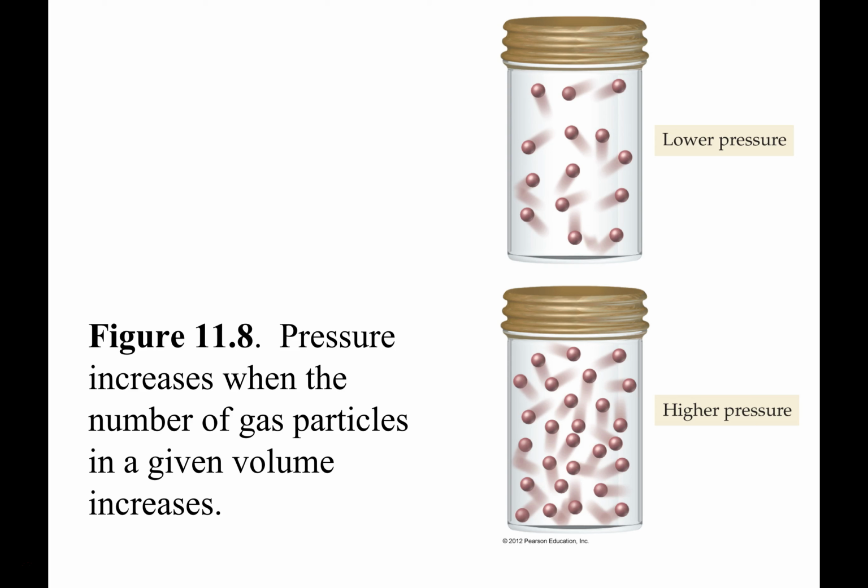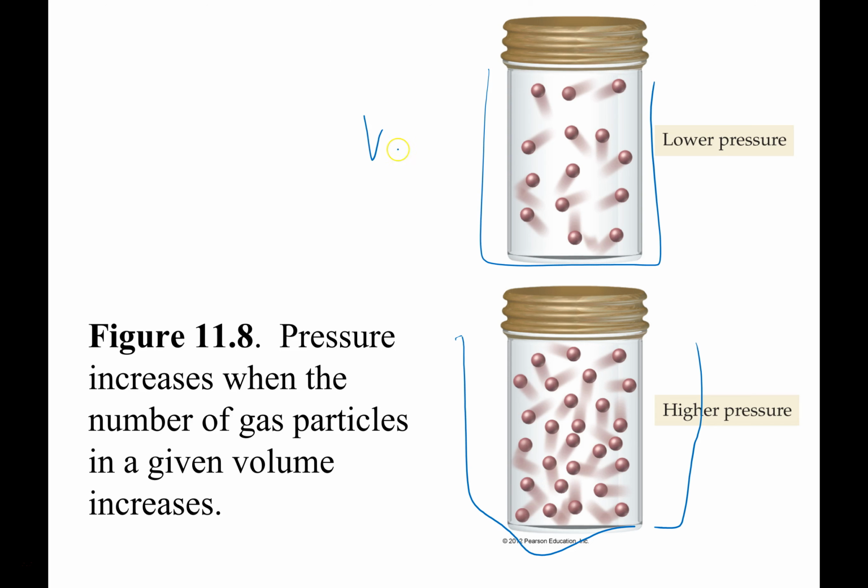So what do you think about the volumes of these containers? They look equal to me. Very good. So V1 is equal to V2. We'll call this one 1 and this one 2. What would you say about their number of moles? The number of moles is going to be N. Well, I would say N1 is less than N2.